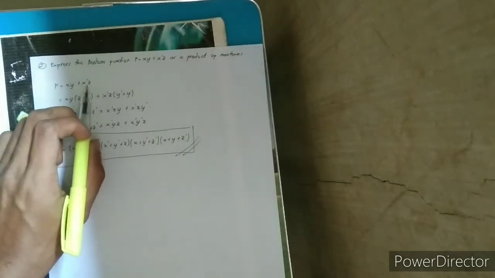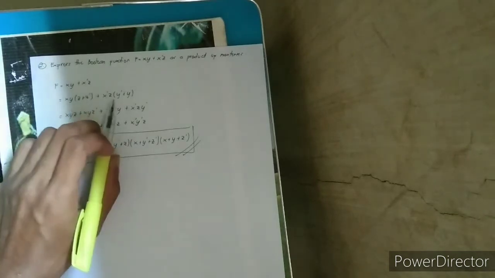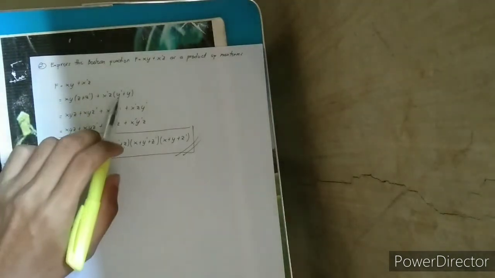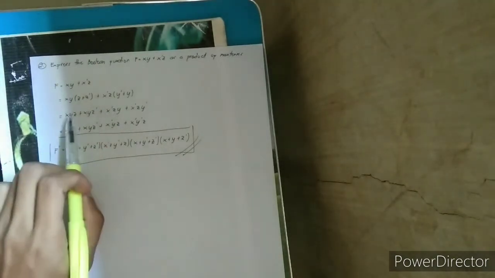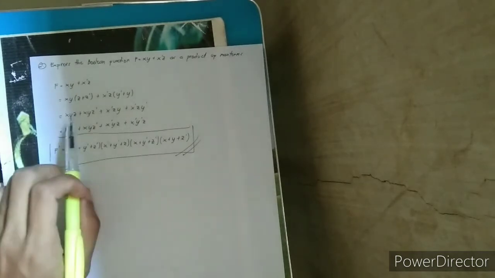Then here it lacks the y variable, so we do the same way: we multiply by y plus y prime. After that, we just distribute, or multiply one by one.